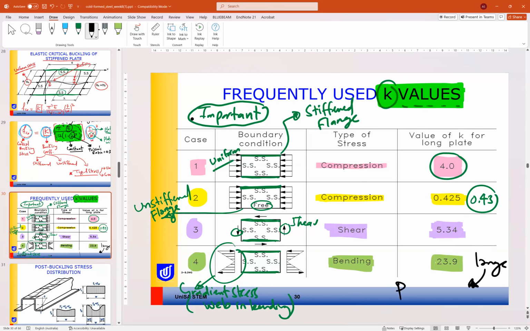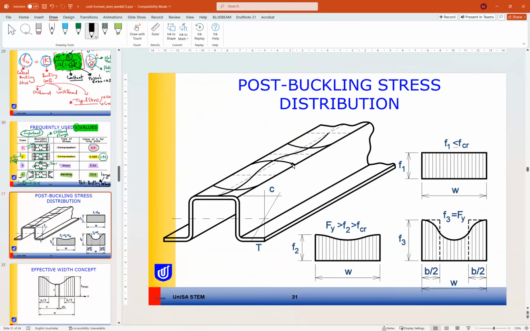Because of the post buckling behavior of plates in bending. Plates under bending gain more strength after buckling due to post buckling behavior. So this table is important for our calculation.